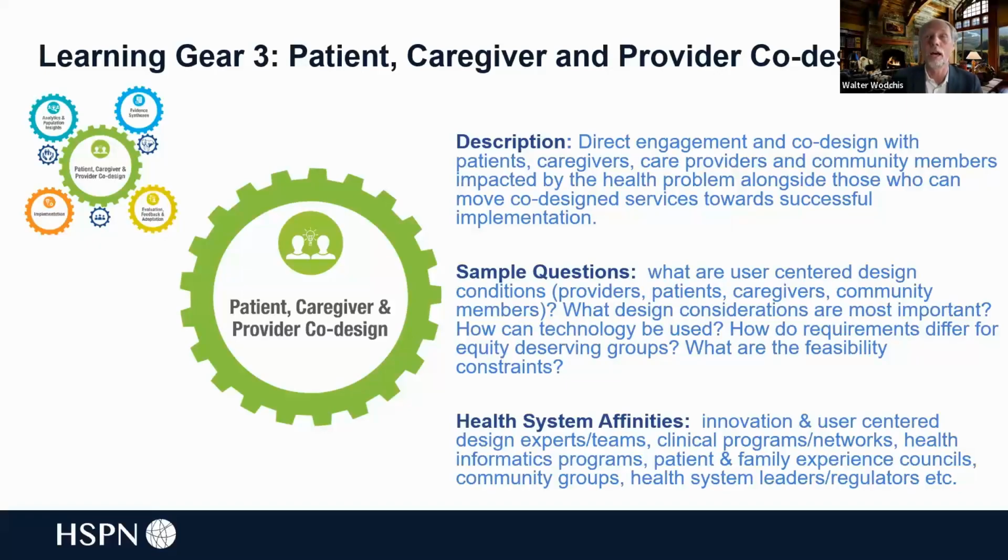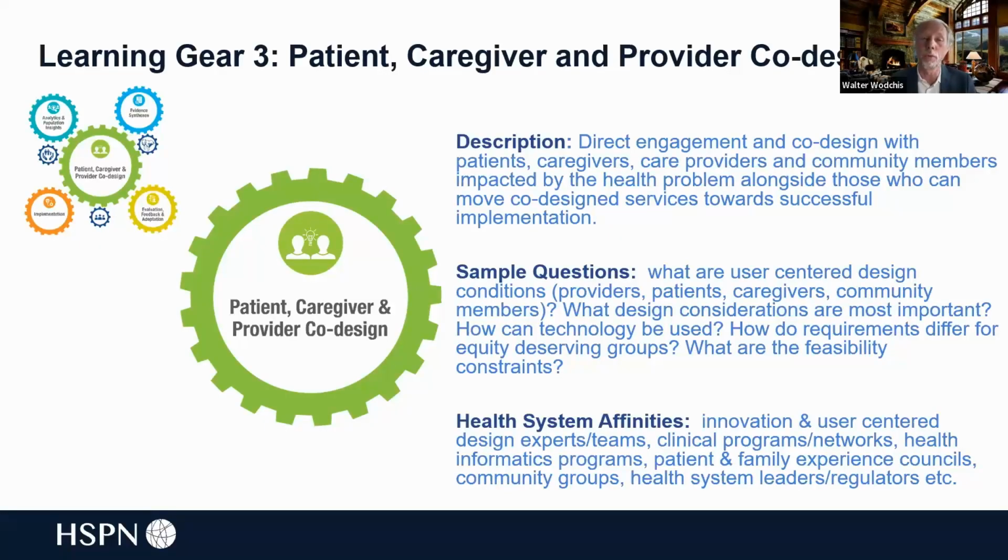So thinking about how do we think about co-design in a way that will help us in the next step, which is implementation. We want to co-design the things that fit and achieve the goals of patients, family, caregivers, and also are those things that help support providers, and providers can support this work. Some of the questions that you might be thinking about when you're doing this co-design work are: what are the user-centered conditions?